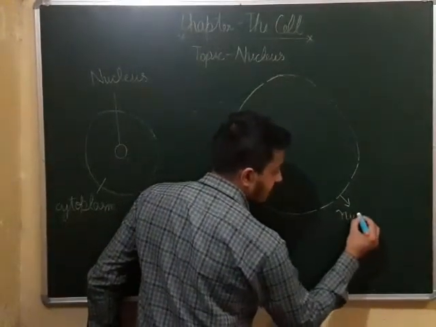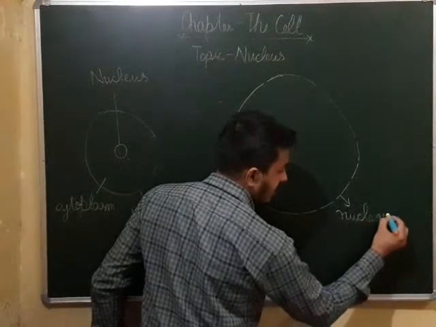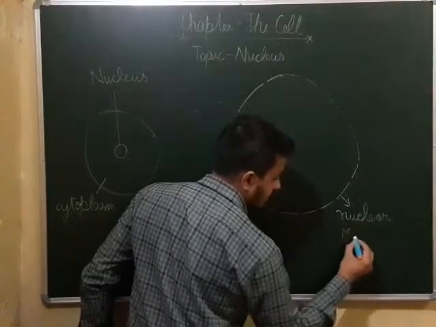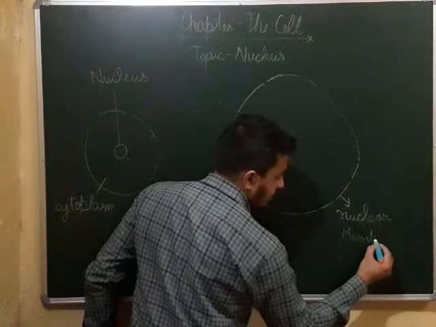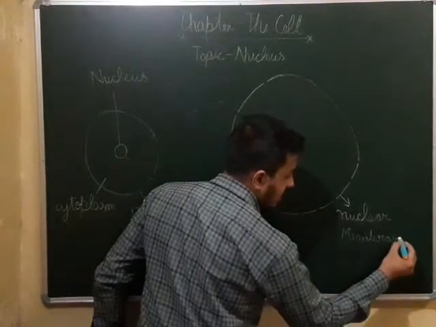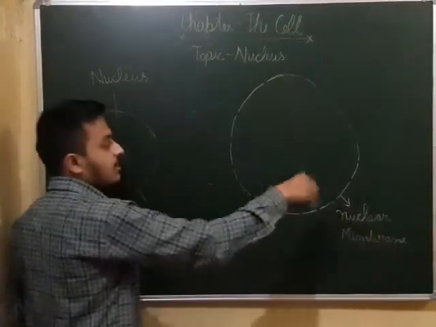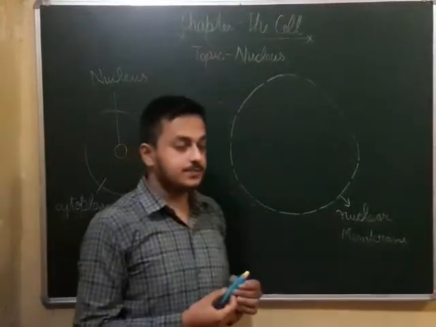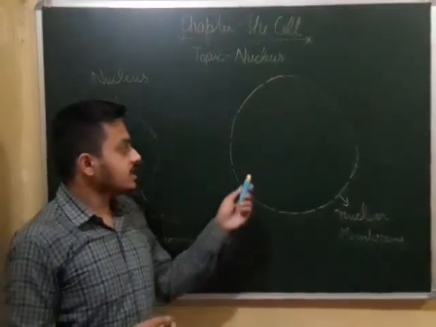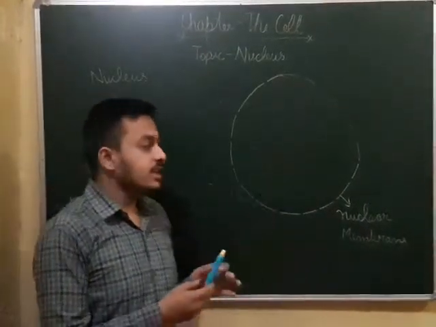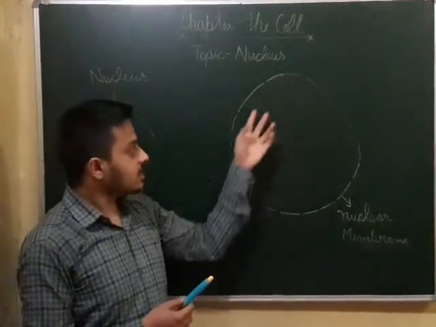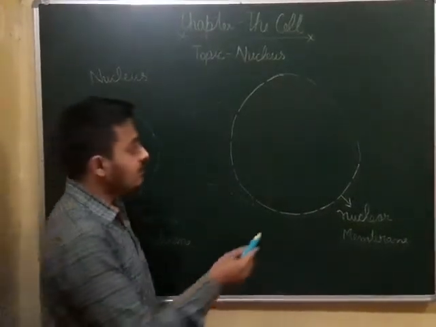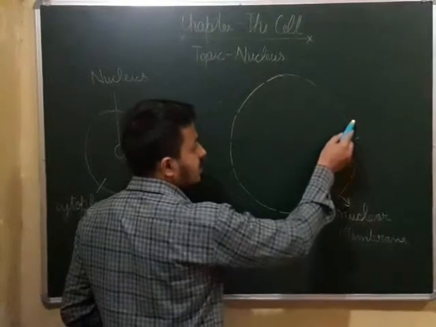What is the nuclear membrane? It is the outermost covering of the nucleus. It is a discontinuous structure having a number of pores on its body.